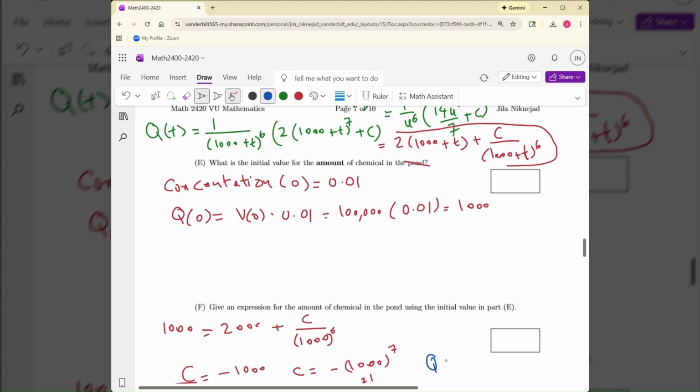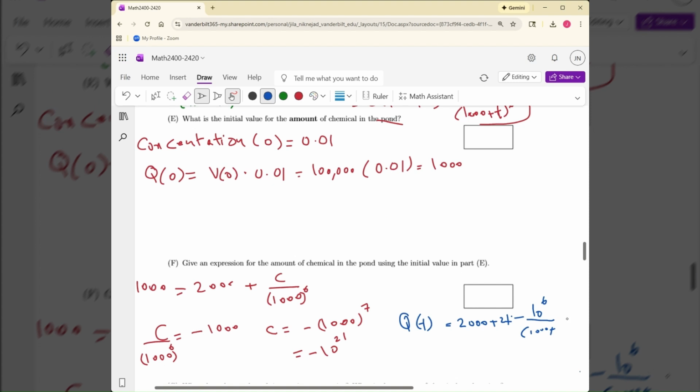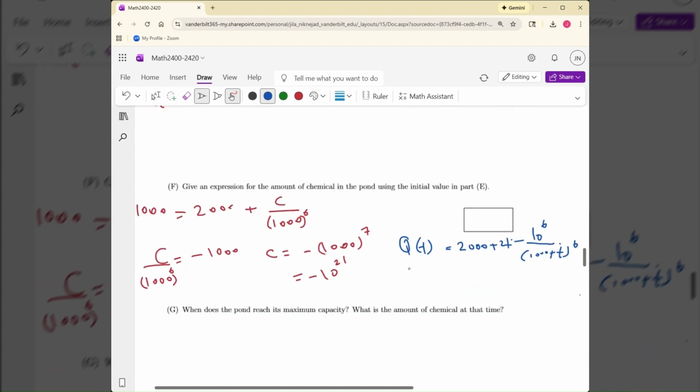This is the initial value problem: 2,000 plus 2t minus 10 to power 21 over 1,000 plus t to power 6. This was 21, not 6.